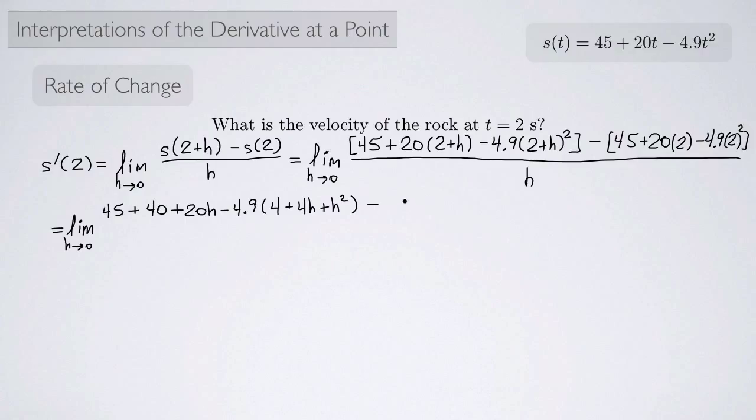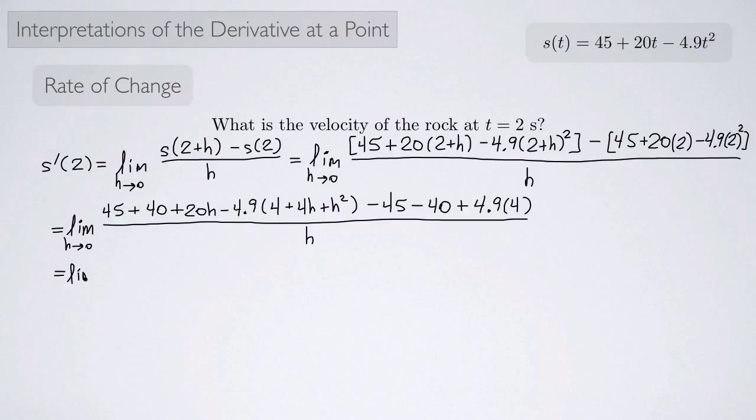Okay, minus, and then I have a 45. And I have a minus 20 times 2, that's going to be 40. And then it'll be plus 4.9 times, well, 2 squared is 4. So it's going to be 4.9 times 4. All of this is still over h.